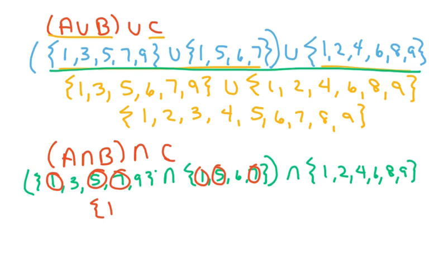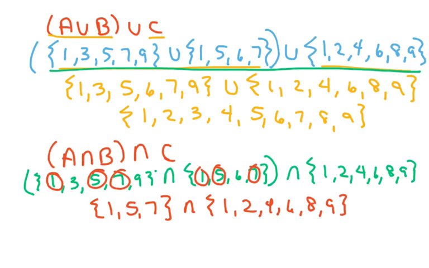So that's 1, 5, 7. And then we're going to just copy this C down. And then what's common to both of these is 1. And is that it? So yeah, we only have the set with 1 in it.